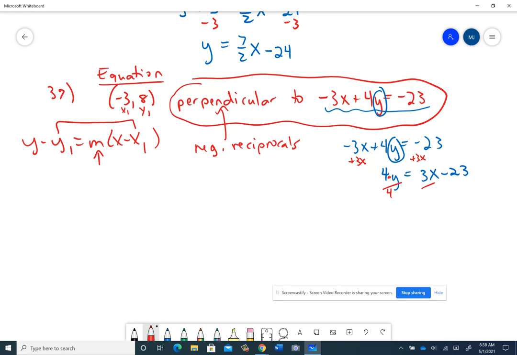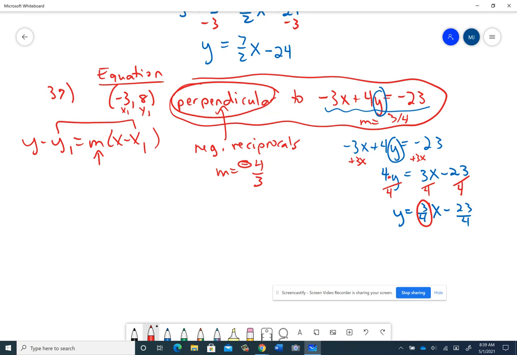So I'm going to divide by 4 everywhere. And that gives me 3/4 x minus 23/4. I don't care about the 23/4 really. I did all of this because I'm trying to figure out the slope of this line. So this line here, the slope is 3/4. My line is perpendicular. So it has to be flipped over. And since 3/4 was positive, this one has to be negative.